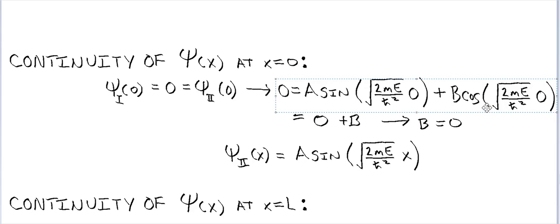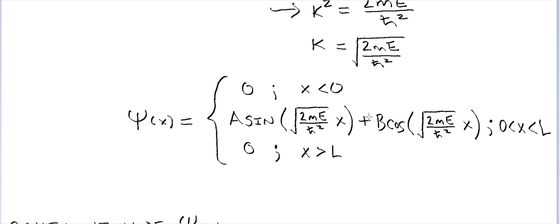If we plug that in, we get 0 is equal to a sine of 0 plus b cosine of 0. Well, the nice thing there is sine of 0 is 0, right? And cosine of 0 is 1. And so this really just becomes 0 is equal to 0 plus b. That tells me that b has to equal 0.